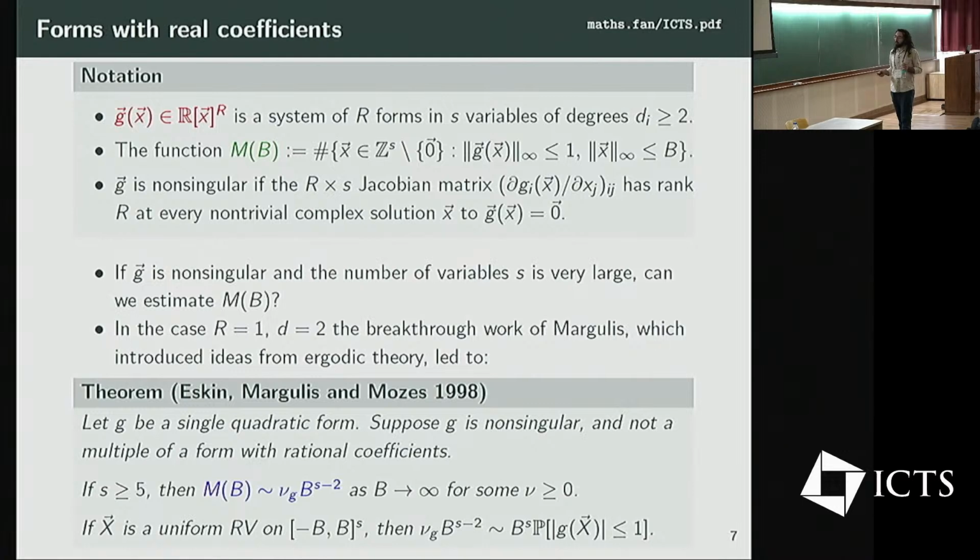So this is the prediction from before without any p-adic corrections, which makes sense because there shouldn't be anything p-adic going on here. So I'm assuming here that G is not a multiple of any form with rational coefficients, so it's irrational in a sense.